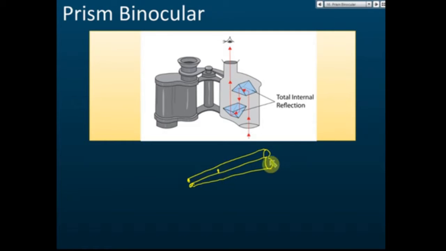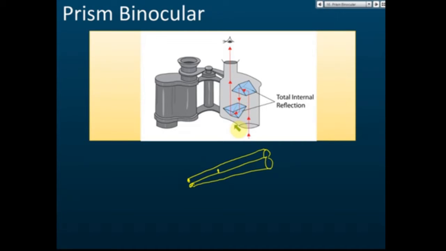So one of the methods to reduce the distance between the two lenses is by using prisms to reflect the light. The light can go here, reflect back and go here and go here. If it's reflected a few times, then the distance from here to here may already be 50 cm, so the binocular doesn't need to be very, very long.